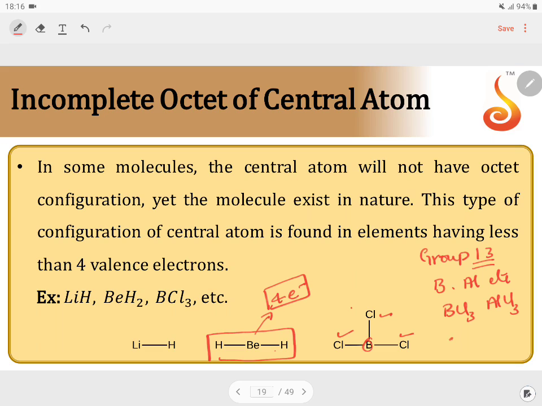Three bonds means 6 electrons. They have an incomplete octet. Therefore, in certain compounds, even after bond formation, the central atom will have less than 8 electrons. That is known as incomplete octet.